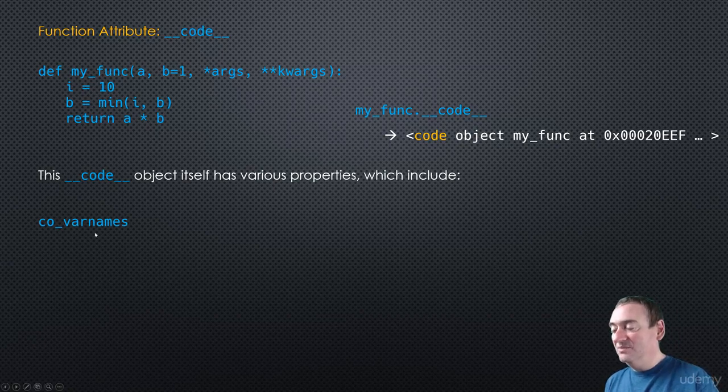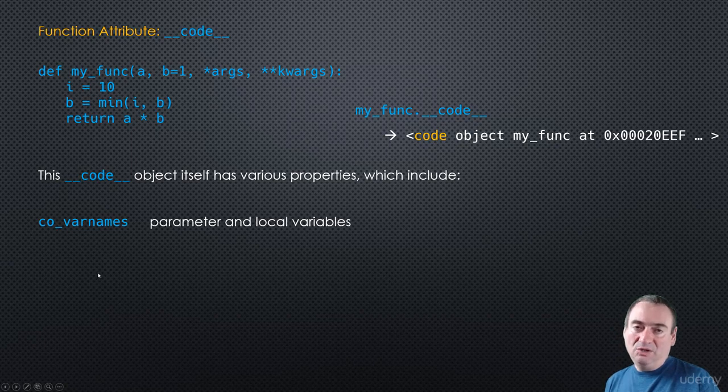We have co_varnames, which are going to be the parameter and local variable names. In this case, the parameter names would be a, b, args, kwargs, and the local would be i. We created i. b is a local variable too, but it's not listed separately, because it's the same as this variable here. This b is this parameter.